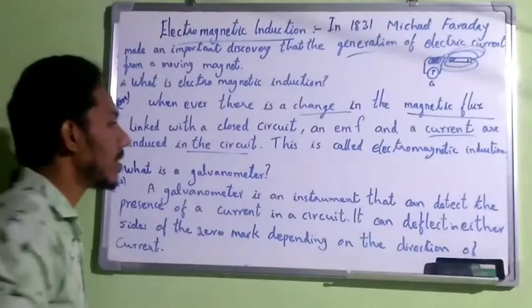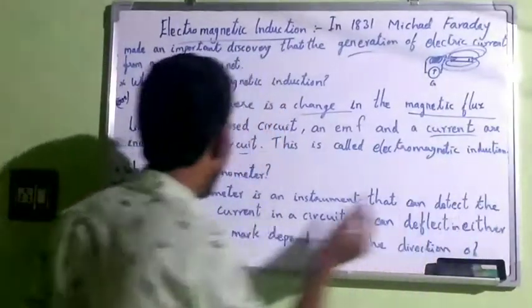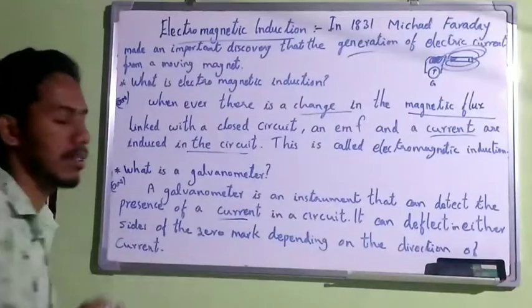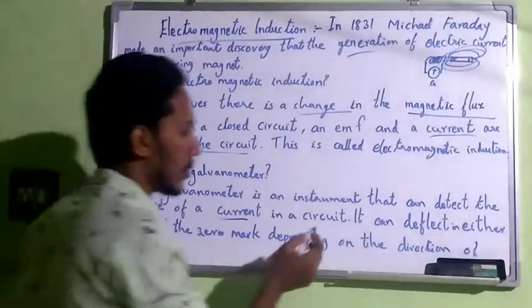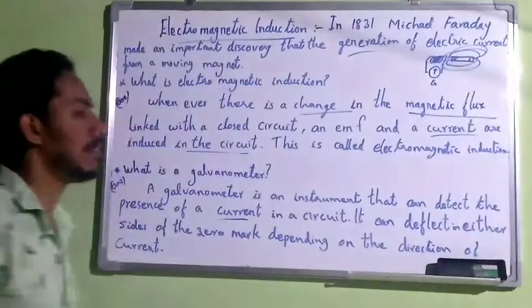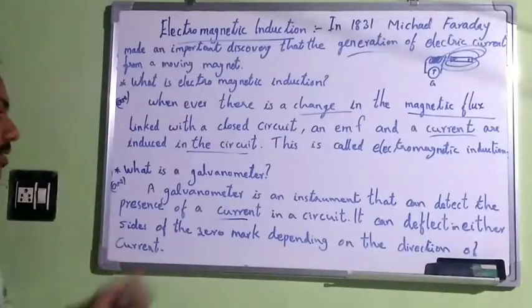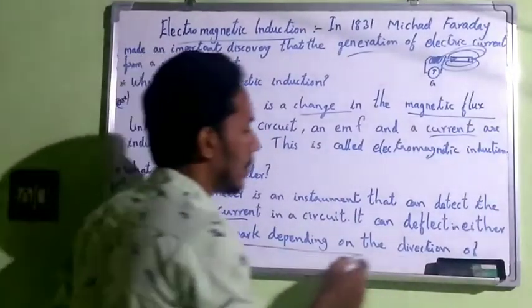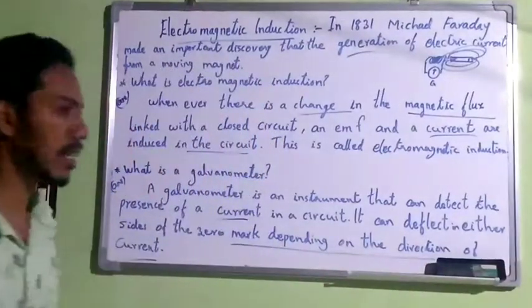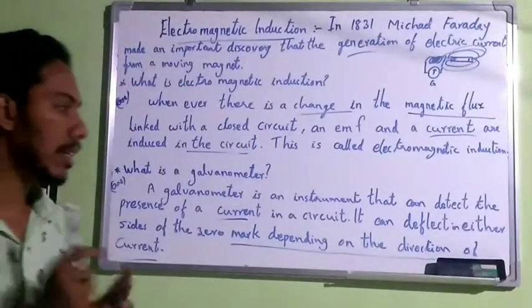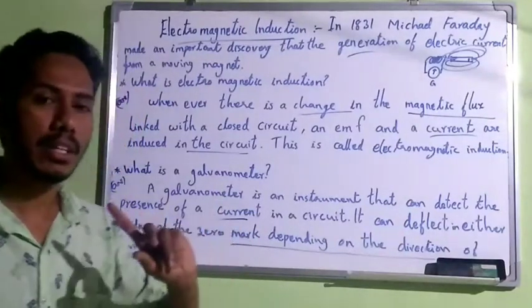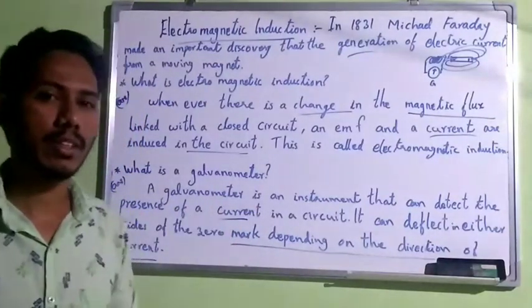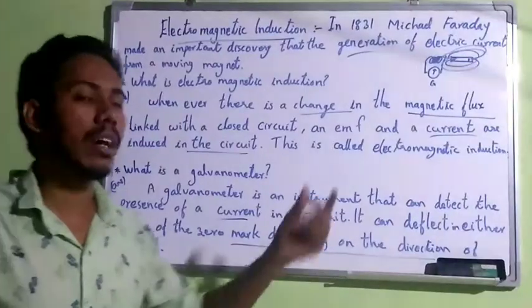A galvanometer is an instrument that can detect the presence of current in a circuit, and it can deflect to either side of the zero mark depending on the direction of current. It can also measure the direction of current. That is the important thing in a galvanometer.